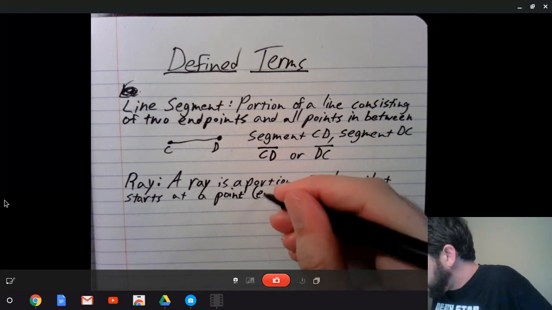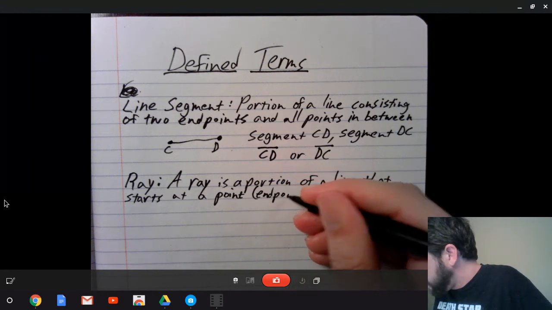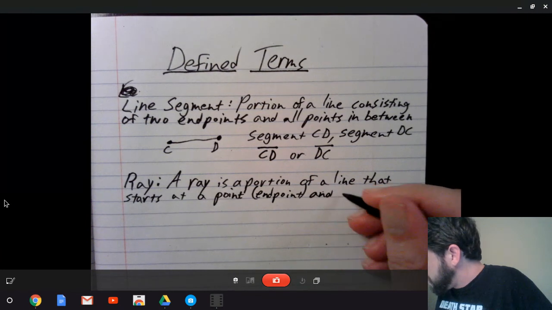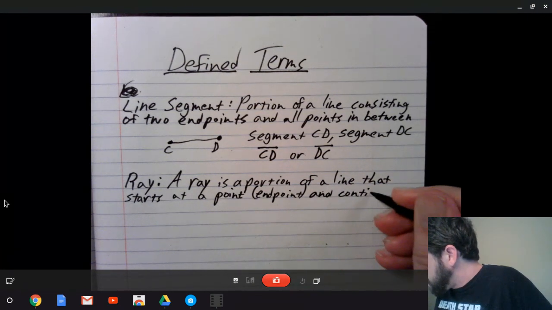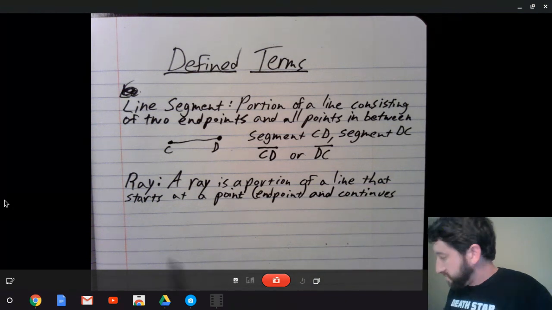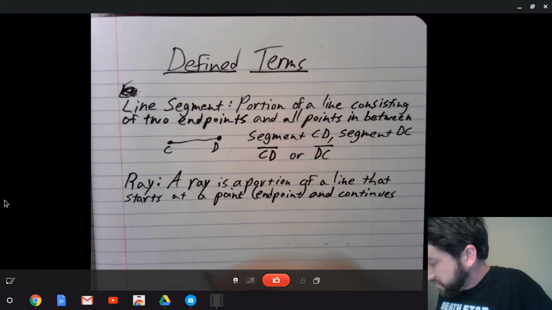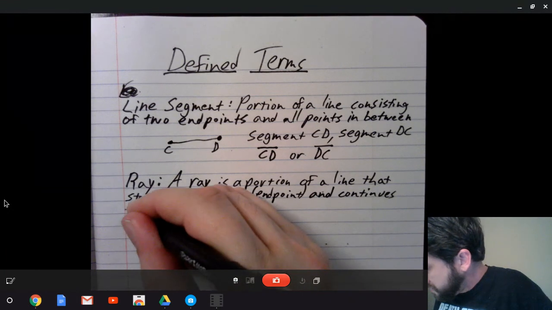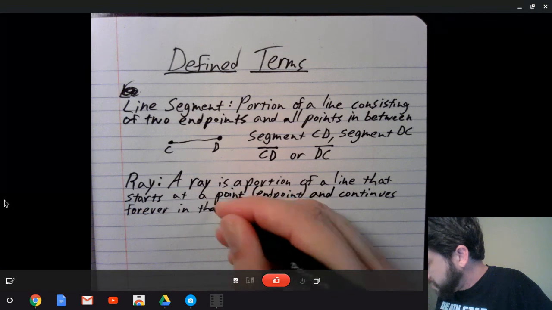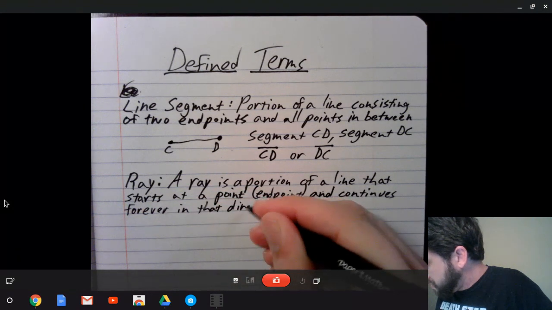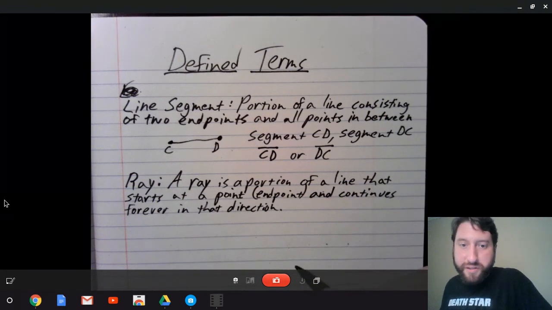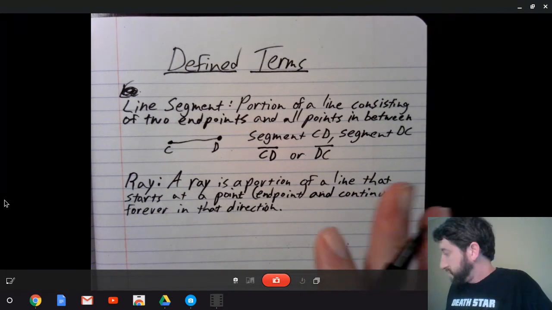Sometimes we call it an endpoint. So I'll just say endpoint. And continues forever in that direction. So notice in this case, it doesn't go in both directions. It only goes in one direction.